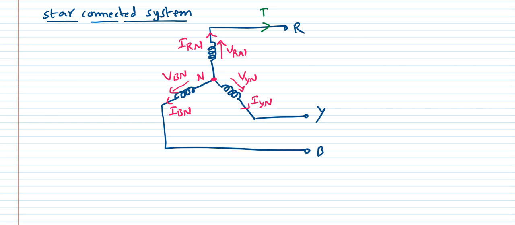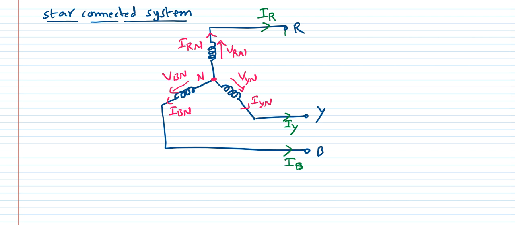I am assuming that IR is the line current, and similarly in the Y line the current flowing is IY. For the B line, I can take the current as IB. These are the line currents.